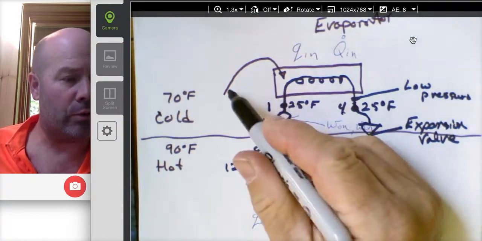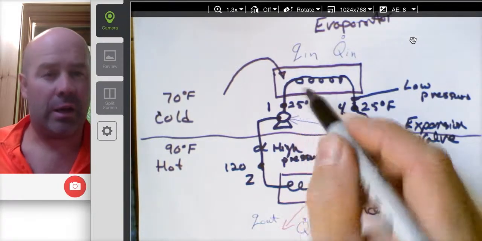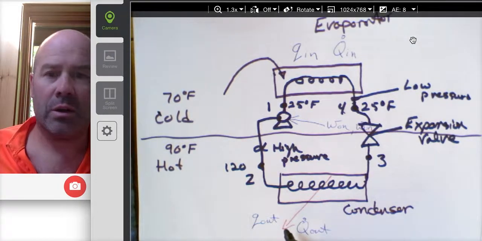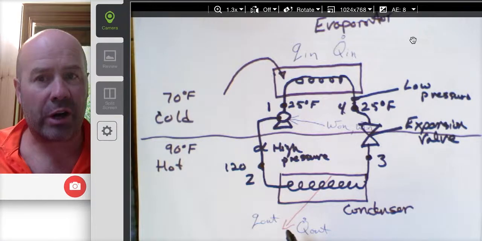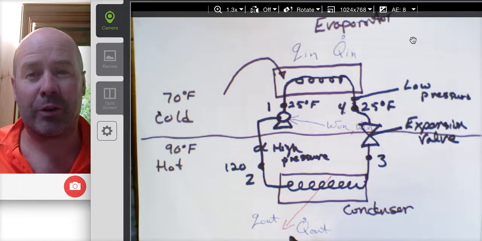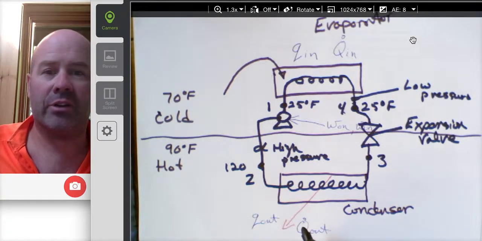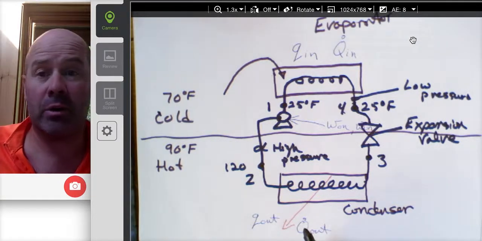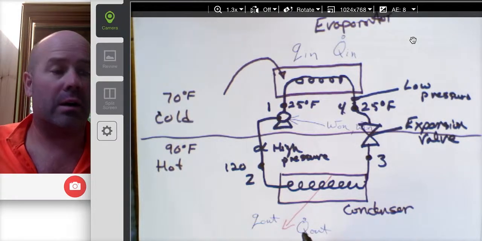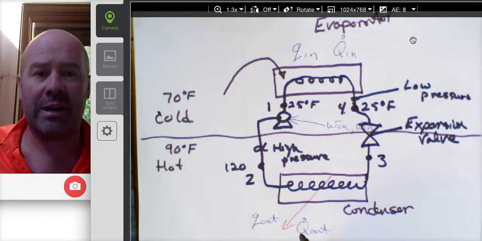We take heat out of the cold refrigerator or house and transfer it into the hot outside, the outside of the house or the outside of the refrigerator. And it's a unique and I think pretty neat cycle. But what we've done now is we've just looked at what it is and how it works.